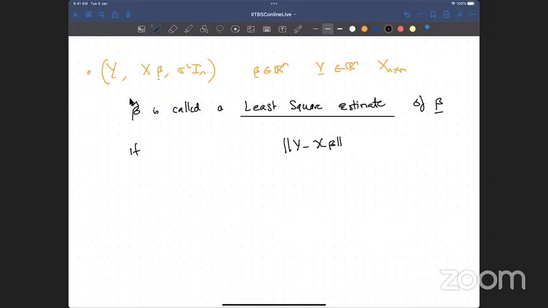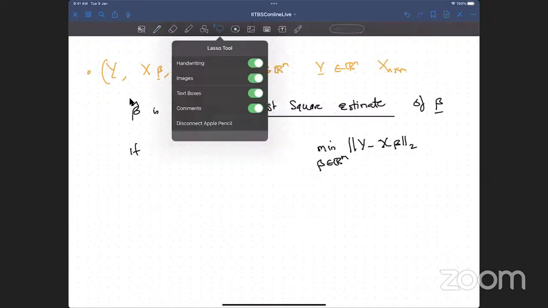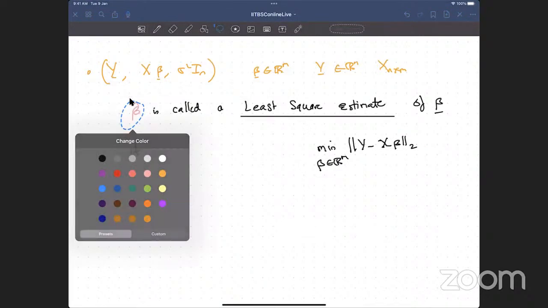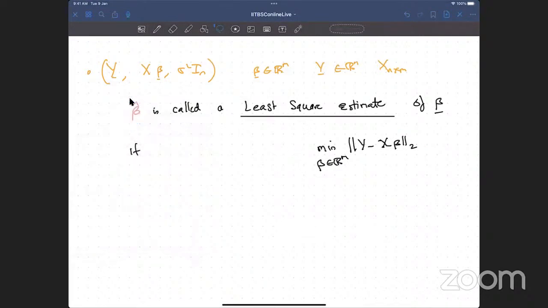If you look at the distance in the L2 norm, the smallest one over all possible betas in R^m is given by the beta hat that I have here. So this is the same as the norm of Y minus X beta hat, but I don't have to have the square. So the distance from X beta hat to Y is the smallest for beta hat among all possible beta.